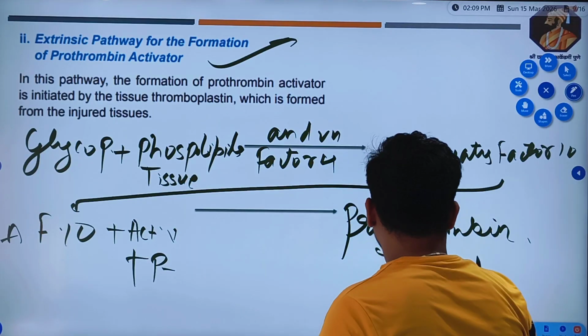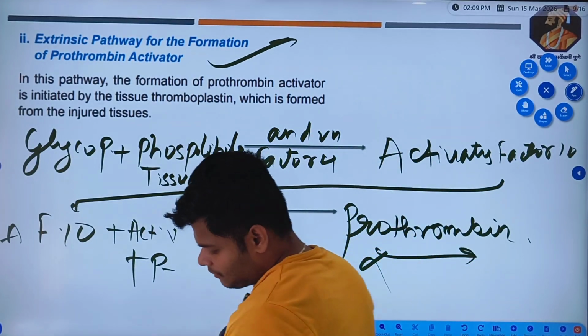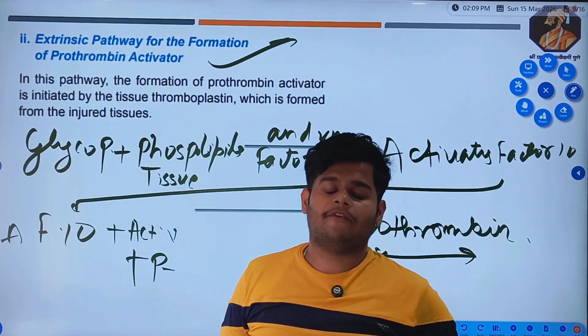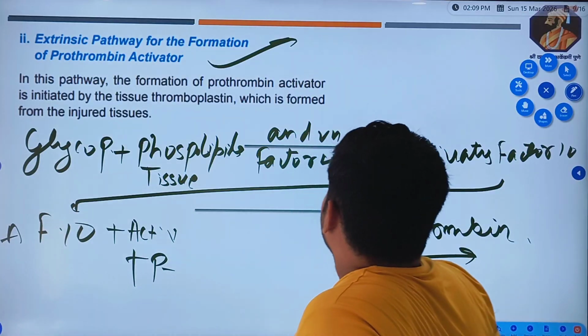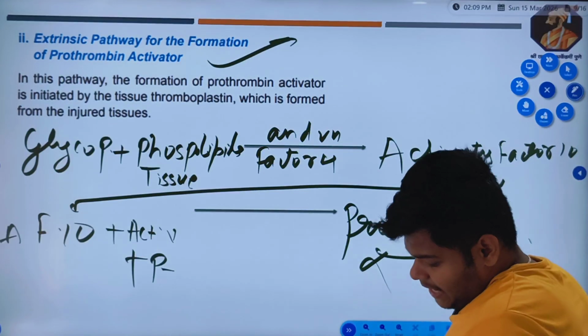In this way, there are two processes which are called the extrinsic pathway and the intrinsic pathway, and in these two ways prothrombin is activated.